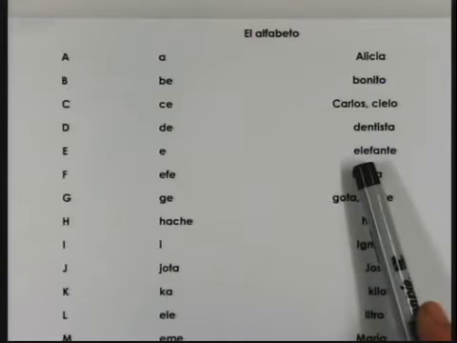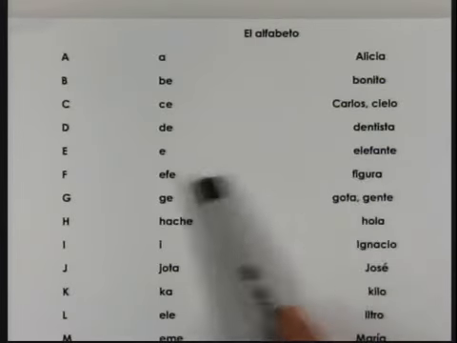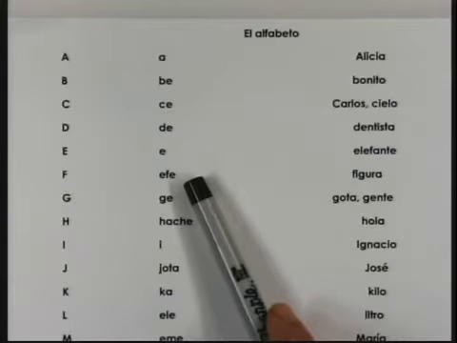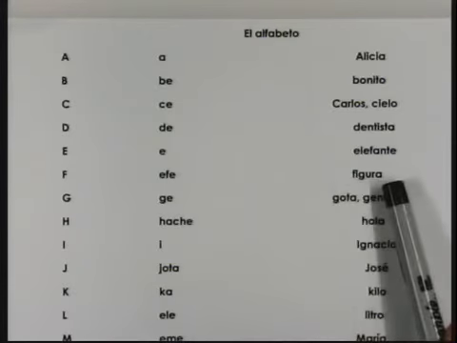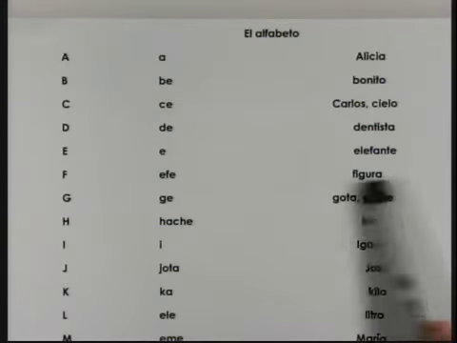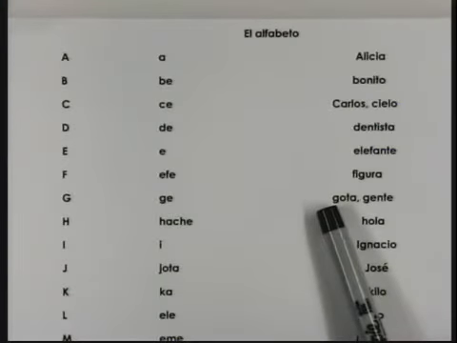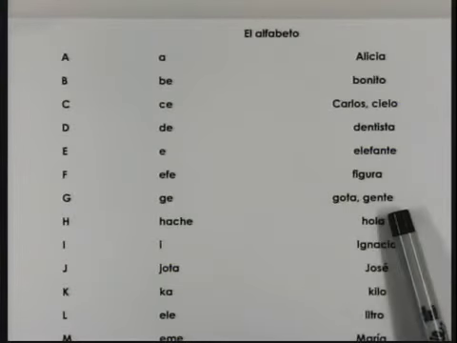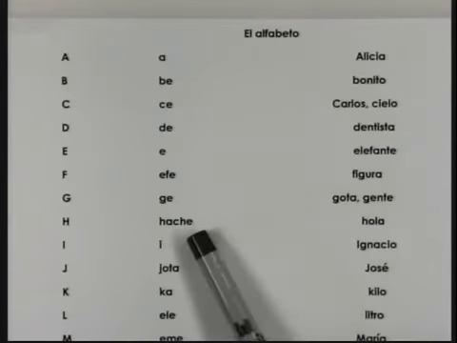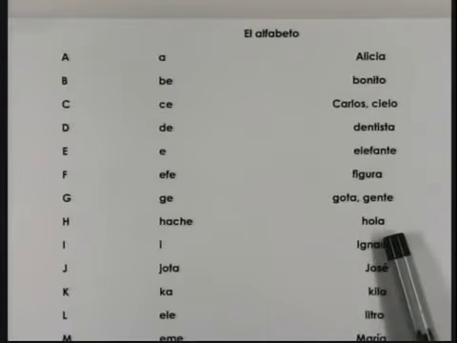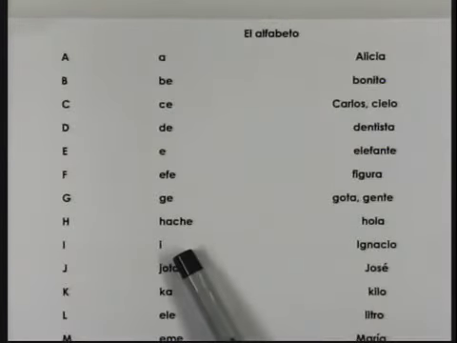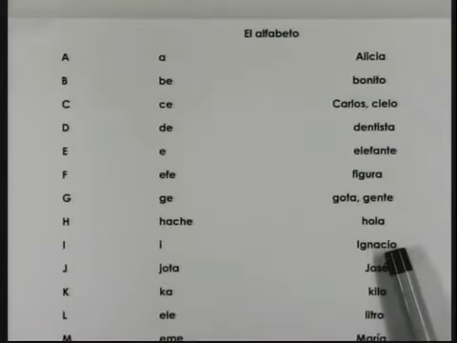Elefante. F. Figura. G. Gota. Gente. H. Hola. I. Ignacio.